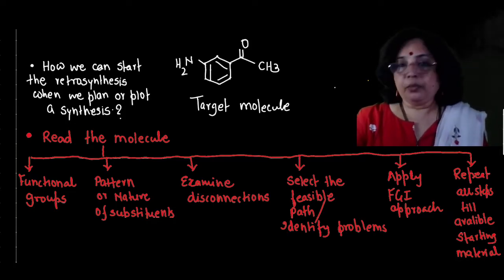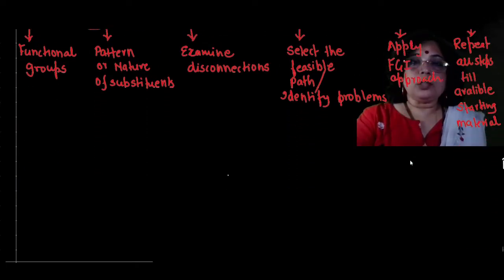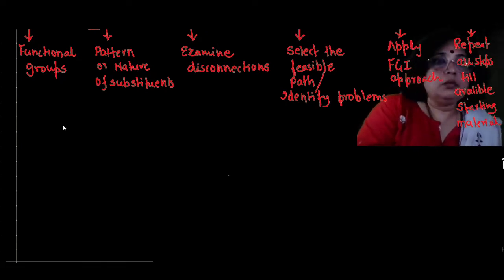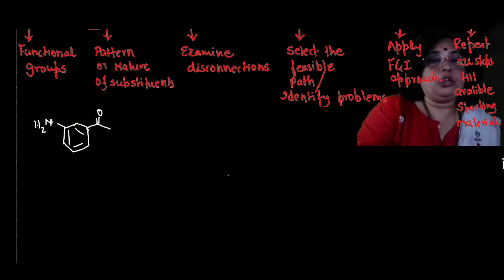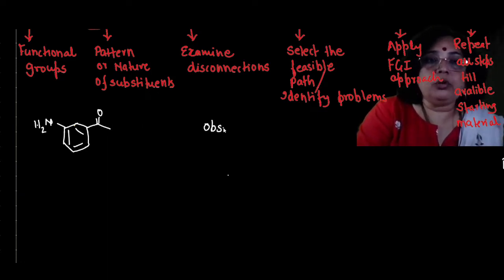So in this molecule, I am going to write down this molecule once again. I am rewriting the molecule over here. Now the very first thing is to identify the functional groups. Here I read the molecule and write the observations.